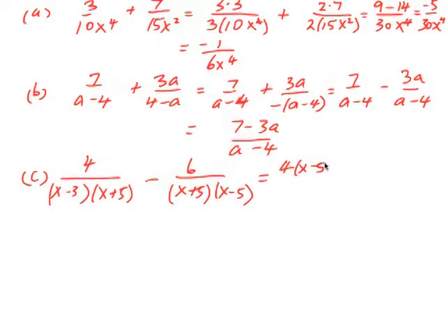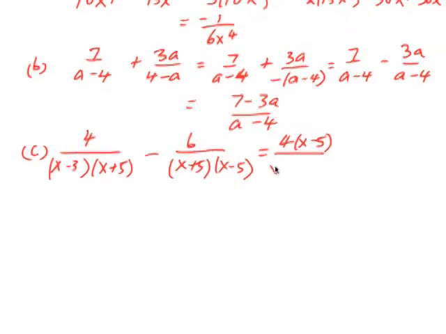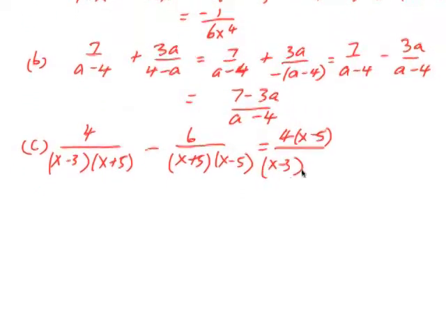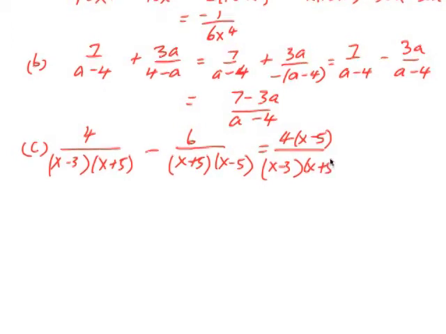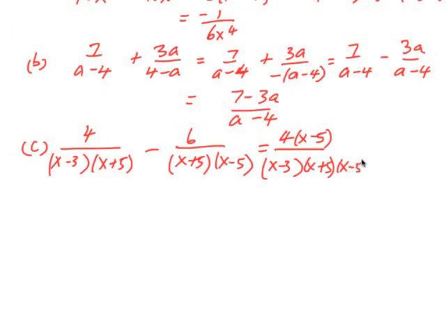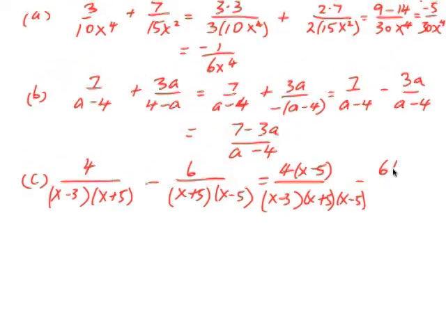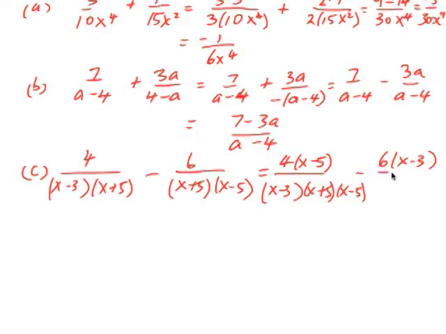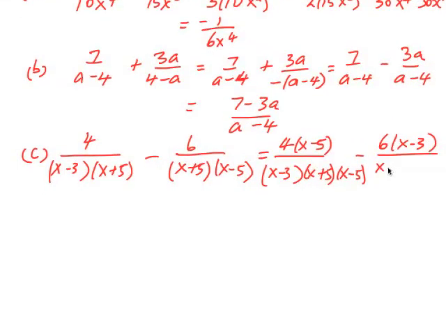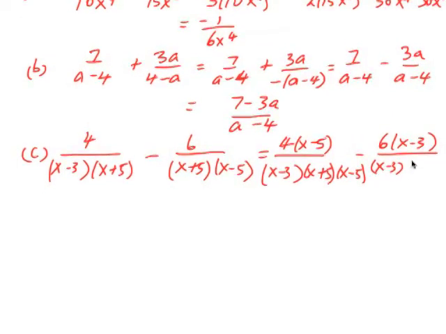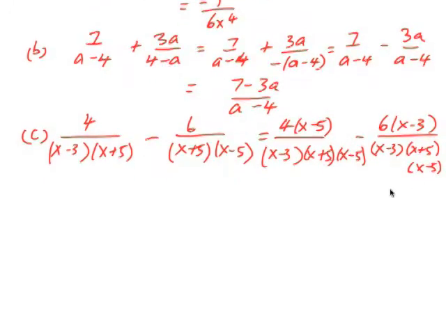So if we do that first, I'd get this minus, and we have to do this one by x take 3. And we're going to run out of room here. x take 3 by x plus 5 by x take 5.